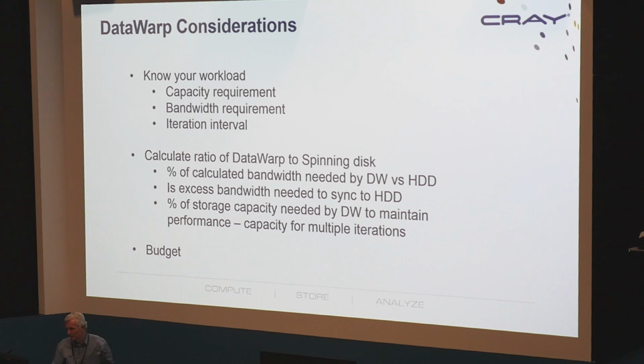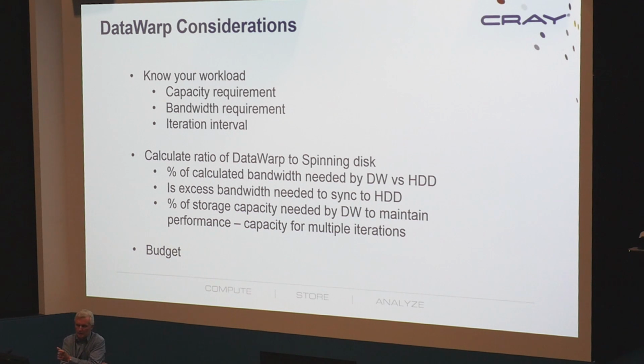Some considerations when trying to figure out if DataWarp is something that is a possibility to use. Most of these are kind of common. Know your I/O workload. What is your capacity requirement? What's your bandwidth requirement? What's the interval between when the job writes data and then returns, or the time between I/O intervals?